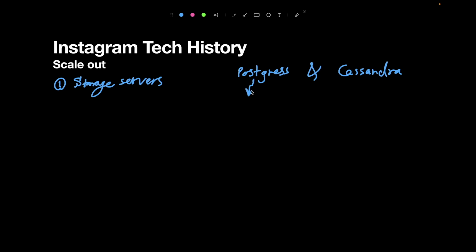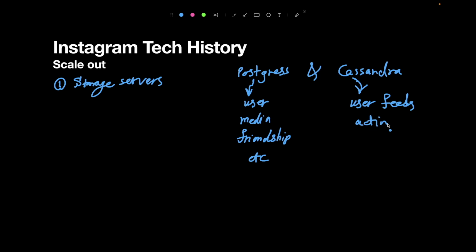Postgres is usually used to store user information, media, friendship status, and this kind of information. And Cassandra is used to store user feeds and activities and such information.